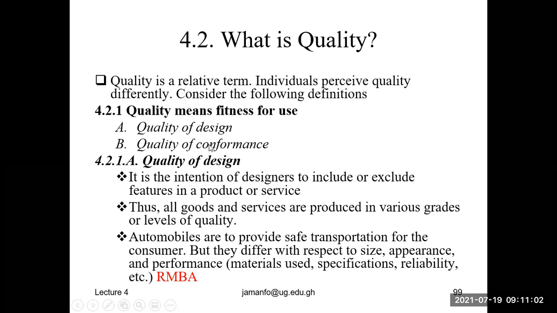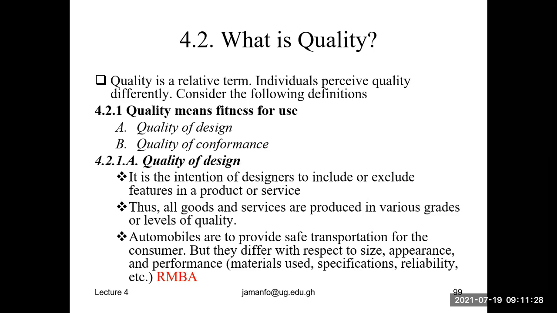What are these two? What do they mean? Quality of design. It is the intention of designers to include or exclude features in a particular product or service. When organizations are designing products, they have in mind, like we saw from the house of quality, when they capture the voice of the customer.